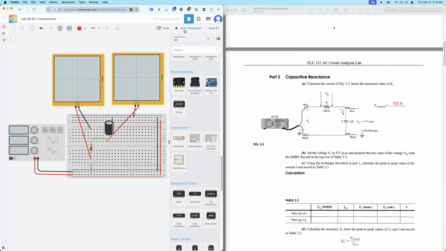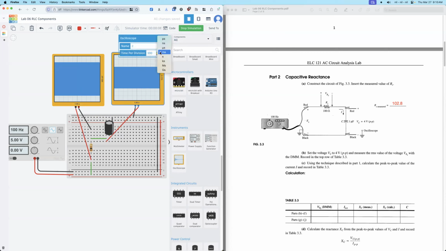Okay, now we can start the simulation. This is 100 Hertz. First, change the time setting here. 100 is too large, let's try 1. Okay, 1 is good.